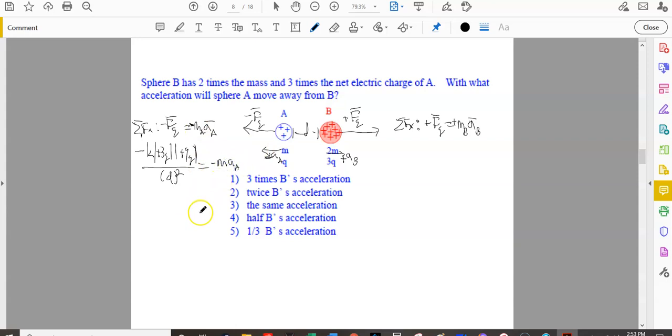If I solve for this, the negatives are going to cancel out. I'm going to divide both sides by this negative m.